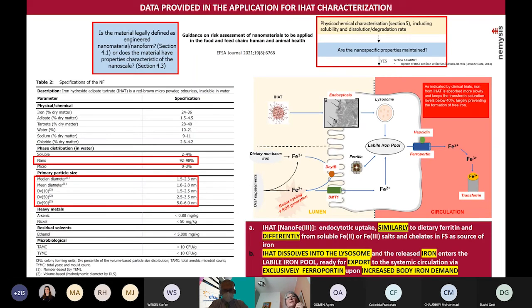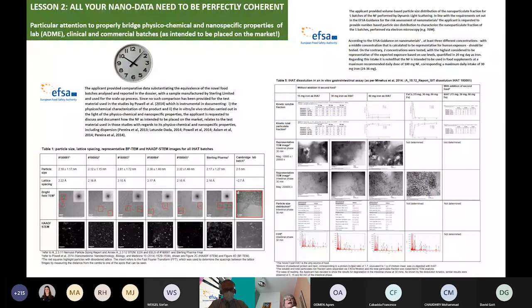I'm going back. Okay, so the other lesson learned, I will not enter into the scientific, into the methodological details, for the very simple reason that these were presented yesterday by Federico Benetti, but the consistency of all the nano data presented into the dossier needs to be really perfect.